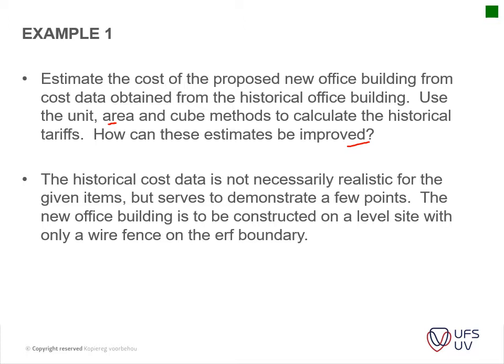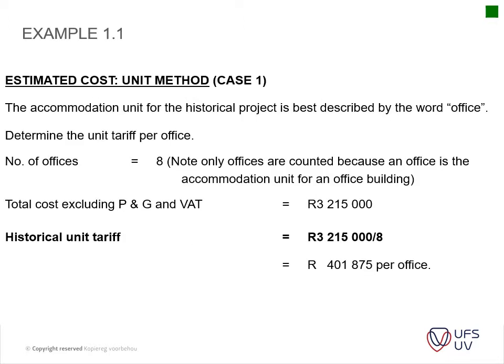The historical cost data is not necessarily realistic for the given items, but serves to demonstrate a few points. The new office building is to be constructed on a level site with only a wire fence on the earth boundary. So it's a very simple installation. There's nothing special on the external works.